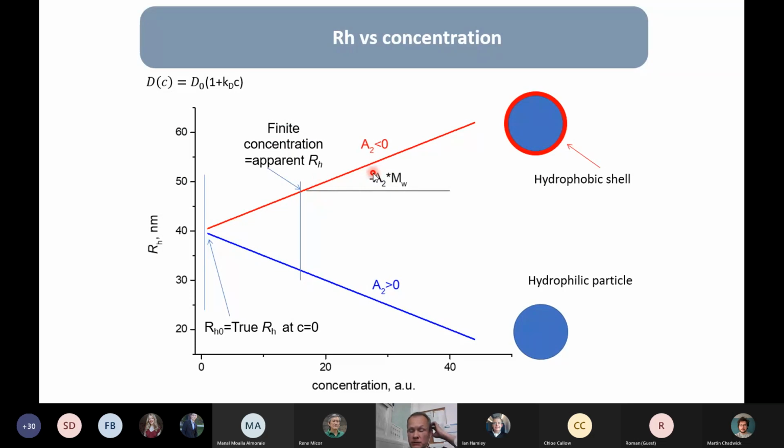And to get the real, true diffusion coefficient, you have to measure a series of concentrations, and then extrapolate this dependence of the diffusion coefficient to the infinite dilution here. From that, you will get an idea about the true diffusion coefficient, and then after that, you can calculate the true hydrodynamic radius.